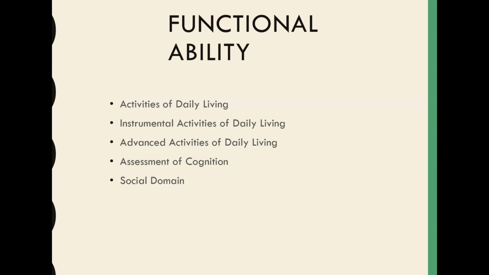Remember we talked about activities of daily living, which would be doing things like bathing, feeding, grooming. Instrumental activities would be like if they could shop, if they could prepare their own meals, manage their finances, that type of thing.